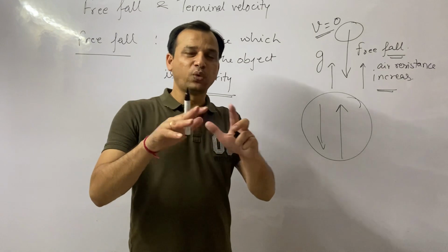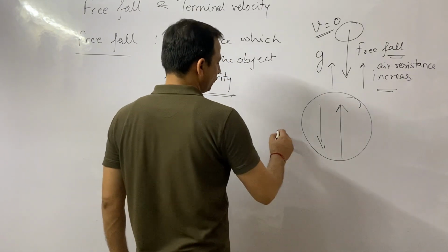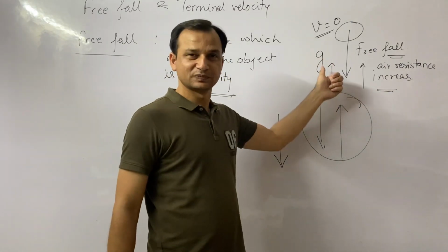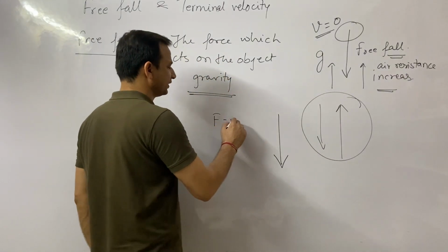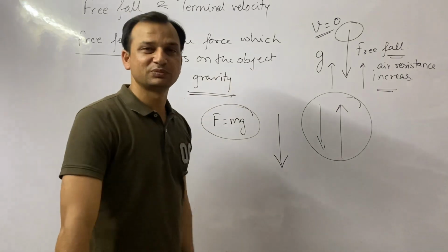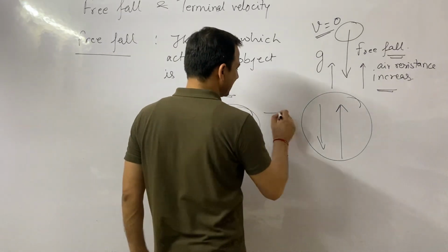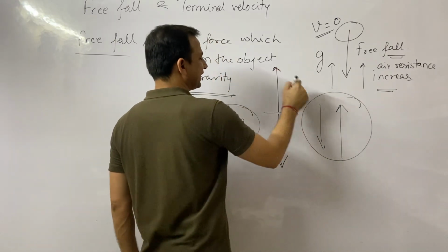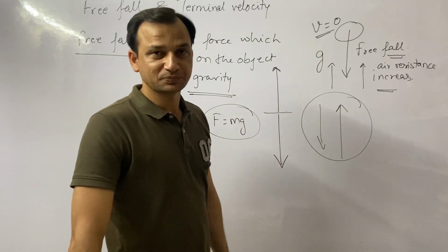There will be one situation where the downward force acting on the object, and how do you find the downward force? You know F is equal to m into g. The downward force acting on the object will be equal to the upward force applied by the air, or I should say the air resistance.